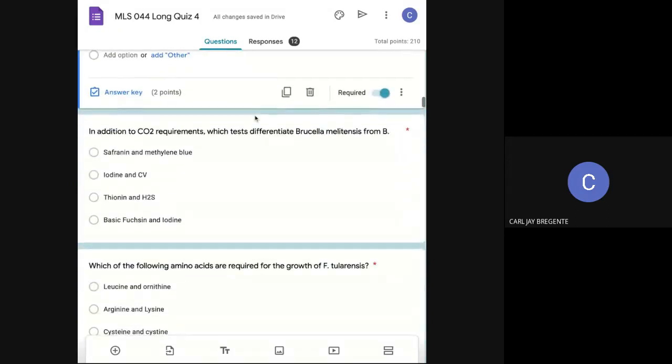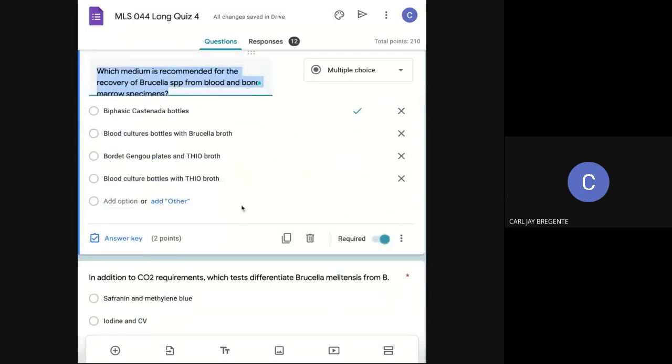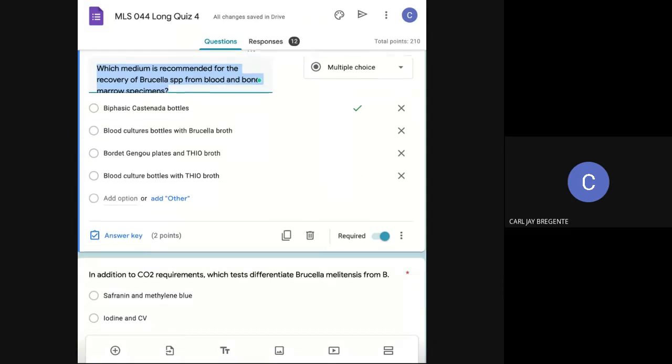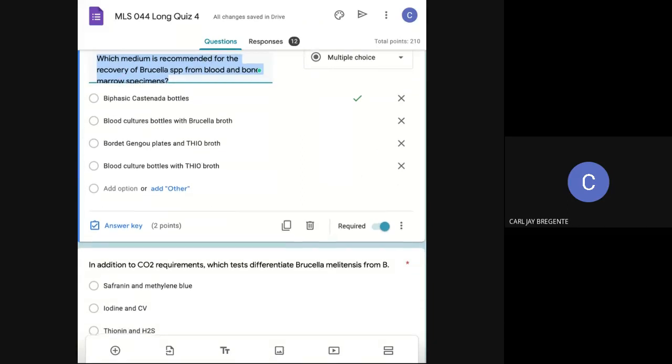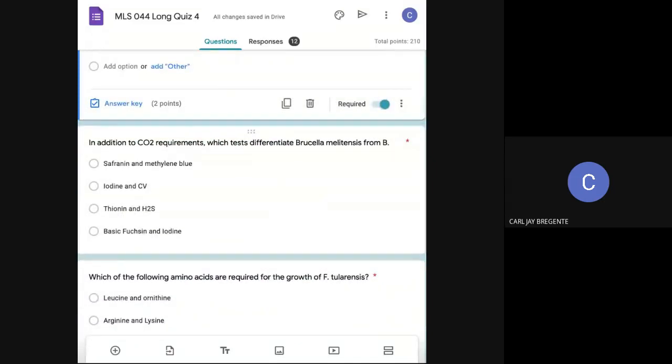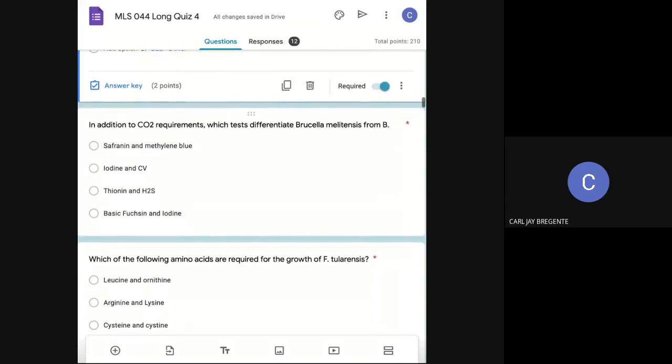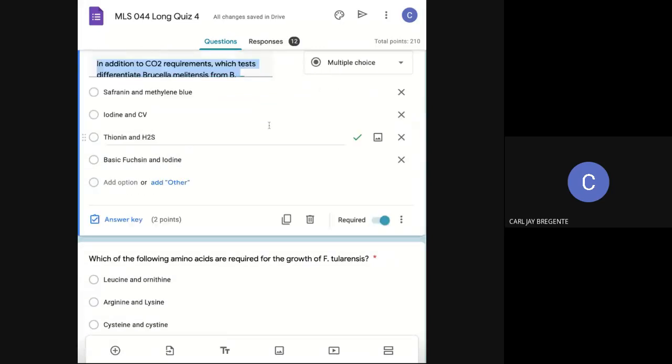In addition to CO2, the explanation for this one, class, I will send to your email. In addition to CO2 requirements, which test differentiates Brucella melitensis from Brucella abortus? The answer is thionine and H2S.